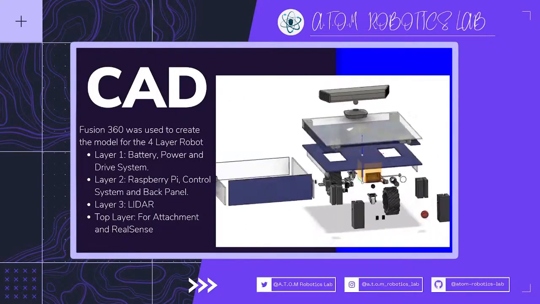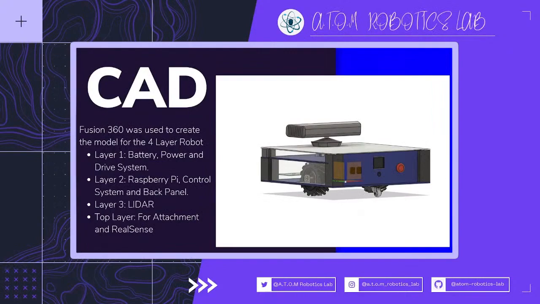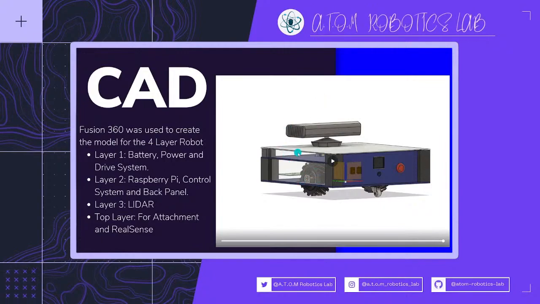For the CAD, we also took many criteria into account. We divided our bot into a layer-wise system so that we can avoid using large spaces, because in a navigation bot we usually prefer a compact one so that it can navigate anywhere.